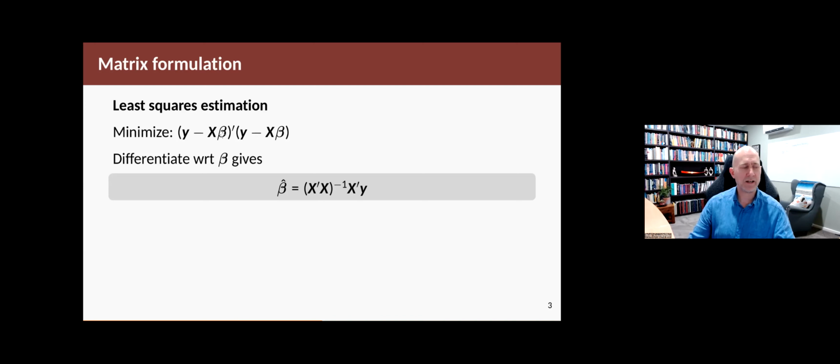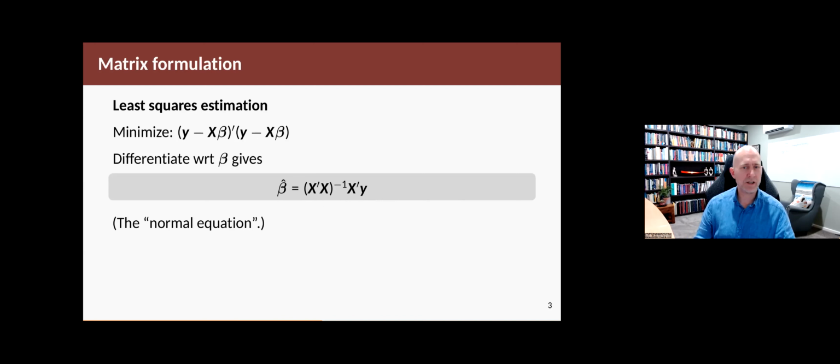We differentiate that expression with respect to beta, and you can derive the optimal beta as this expression here, (X prime X) inverse times X prime y. So it's a really simple equation, a closed form solution that is possible when we use this matrix way of writing the equations down. That's known as the normal equation.